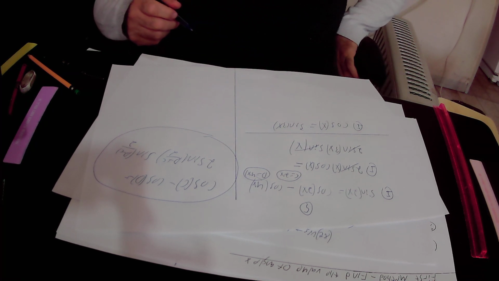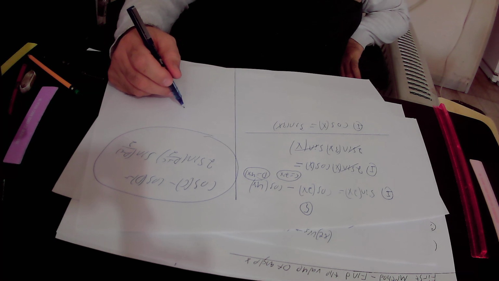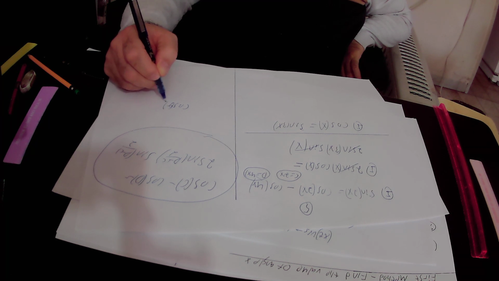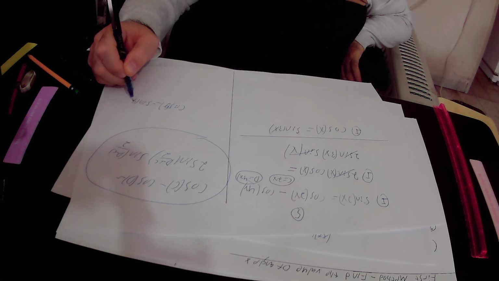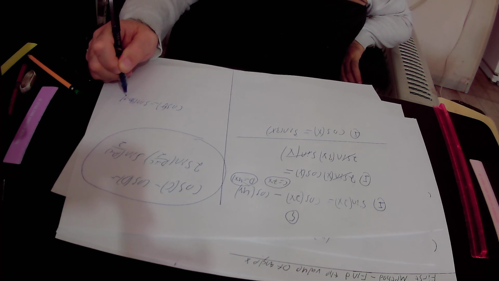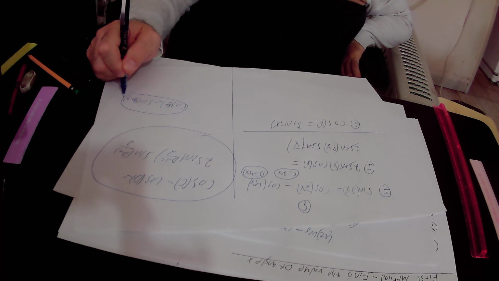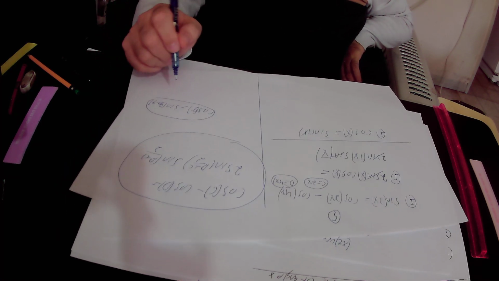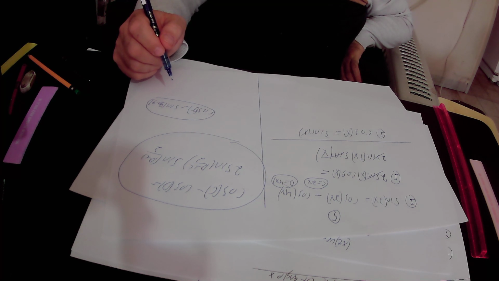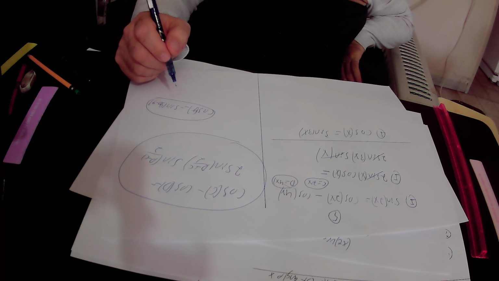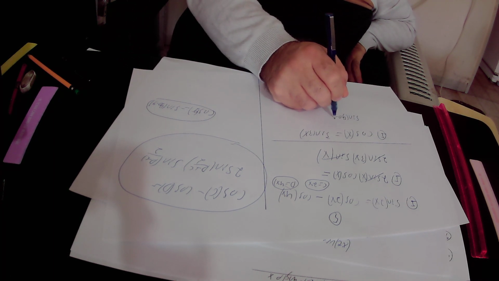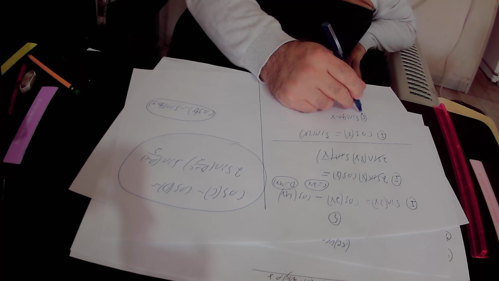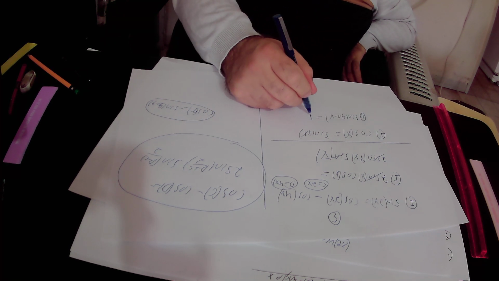We have the trigonometric identity that states that cosine alpha equals sine 90 minus alpha. We use this trigonometric identity, and according to it, cosine x equals sine 90 minus x. So sine 90 minus x, according to equation number 1, equals sine 3x.